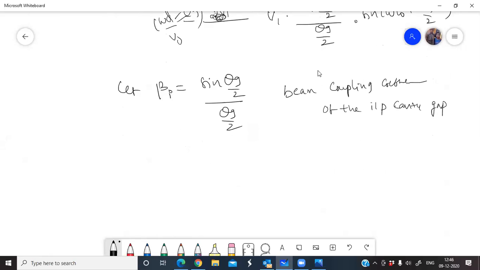Now, continuation. Finally you can write the average value Vs equal to beta I, that is sin theta g by 2 by theta g by 2, times V1 sin omega t naught plus theta g by 2.